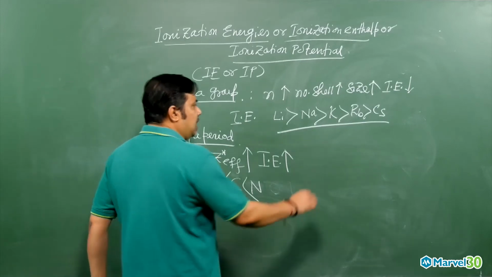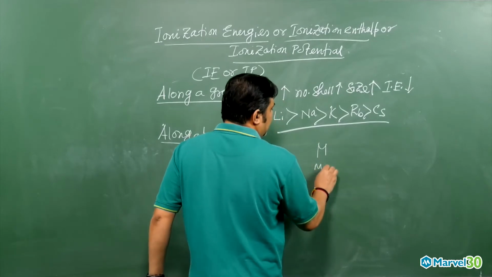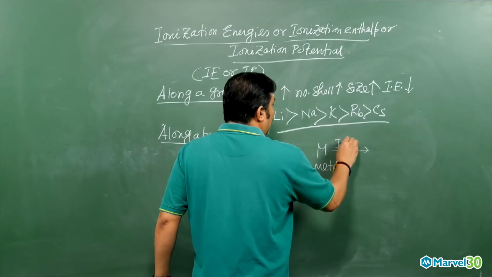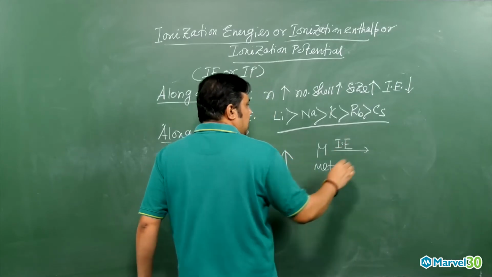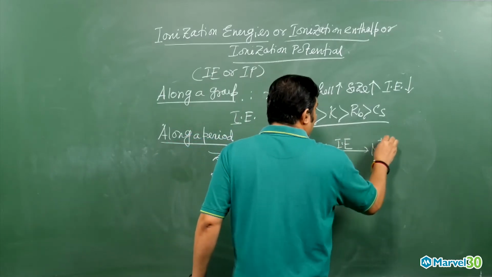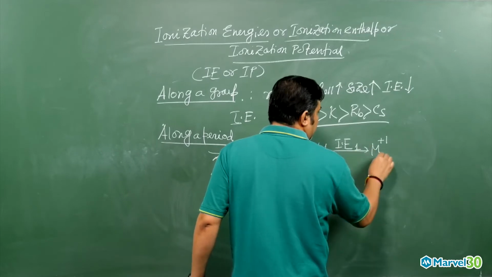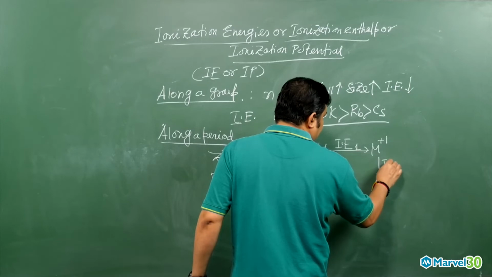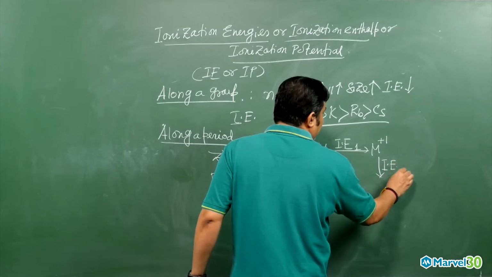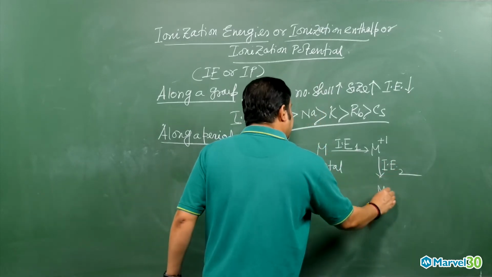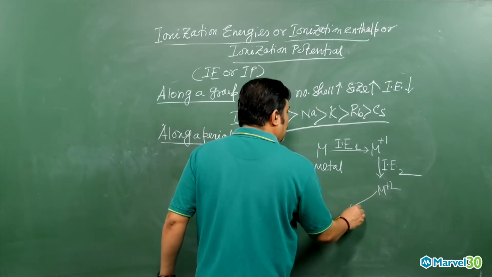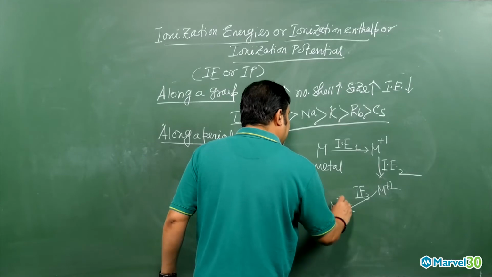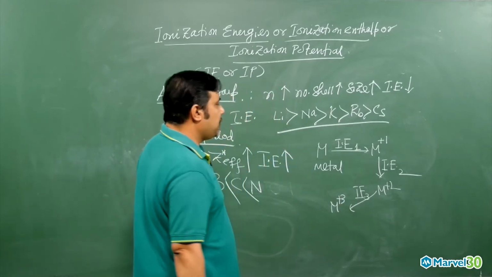Suppose there is a metal M. When you supply the ionization energy to knock out the first valence electron to convert it to M plus, this is called the first ionization energy. Removing the second electron from the valence shell is called ionization energy 2, and it is converted to M plus 2. Removing the third electron is called the third ionization energy, converting to M plus 3.